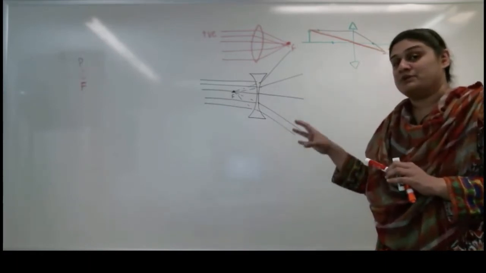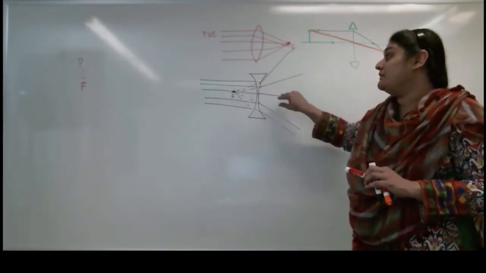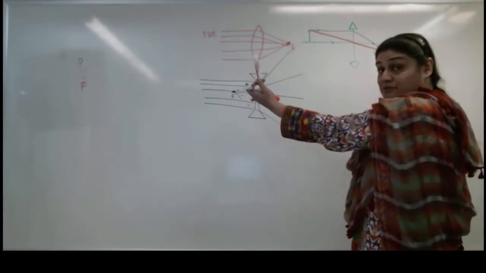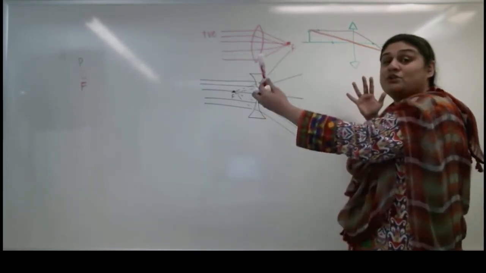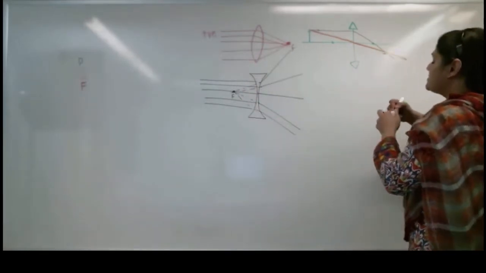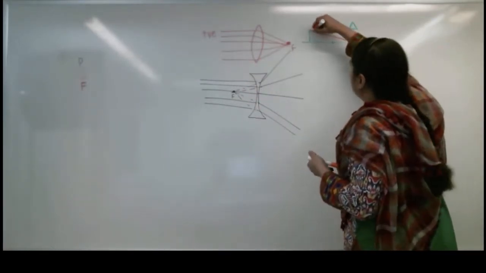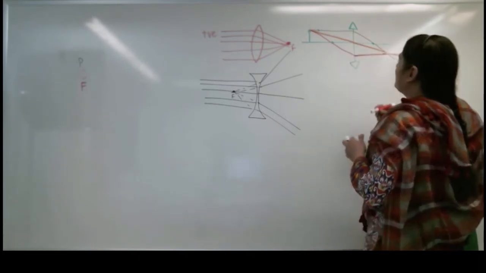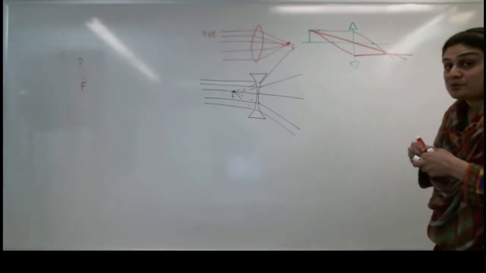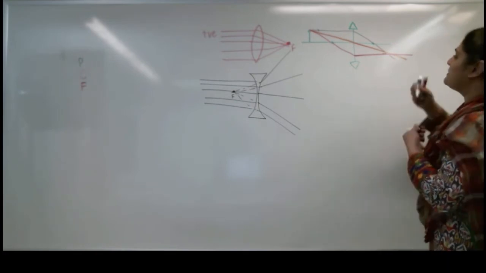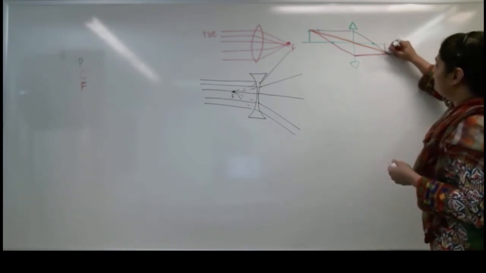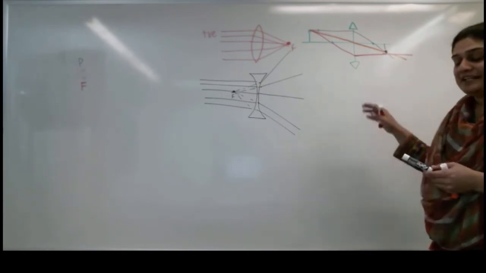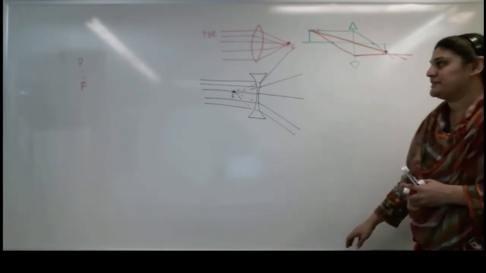For the mirrors, we were using the same focal point for both scenarios, but this one is a lens. It has two sides, right? Because it has two sides, we're going to use both focal points. So the focal ray will come through the focal point, hit the lens, become straight, and go here. Where these three meet is where the image is going to be formed, about here. Let that sink in, and then we'll do the next one.